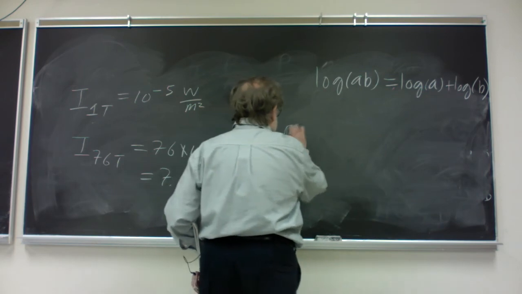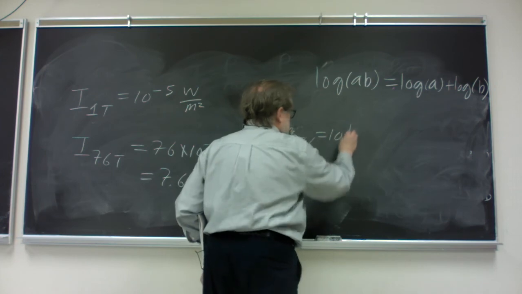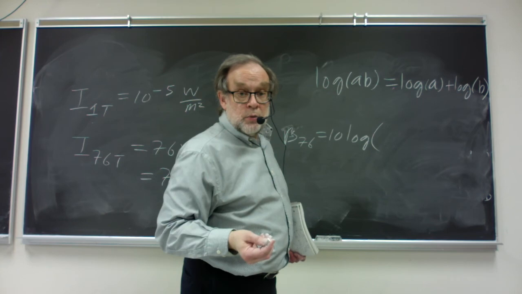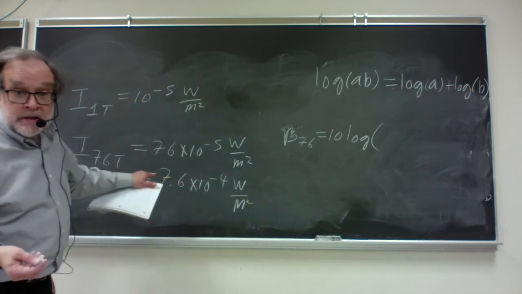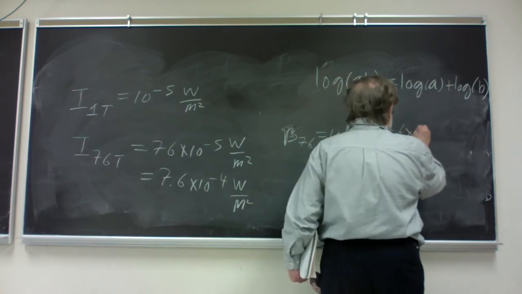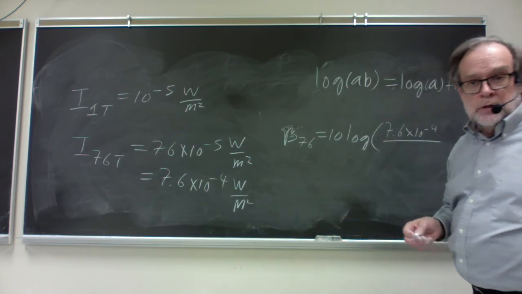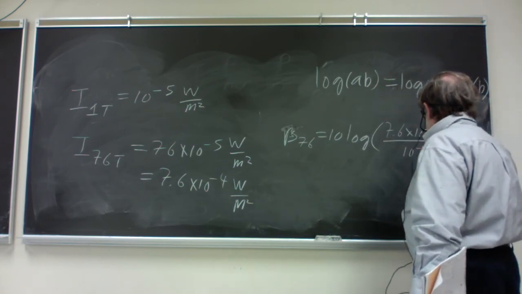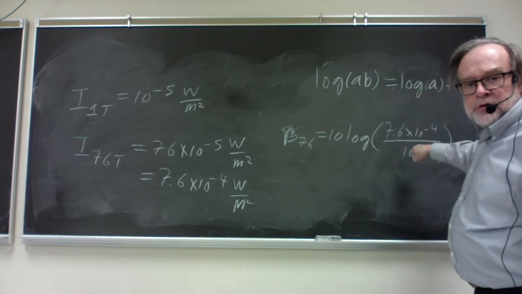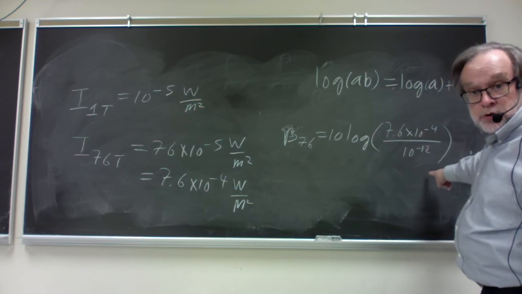The decibel level for 76 trombones is 10 log of the ratio of the intensity that we're interested in, which in this case is 7.6 times 10 to the minus 4, divided by the reference intensity, which is 10 to the minus 12. And so we've got three factors here: 7.6, 10 to the minus 4, and 10 to the minus 12.